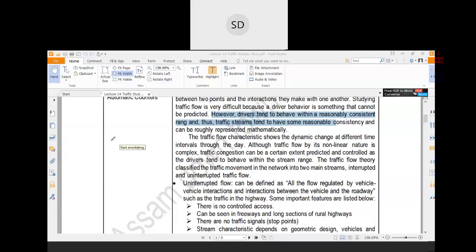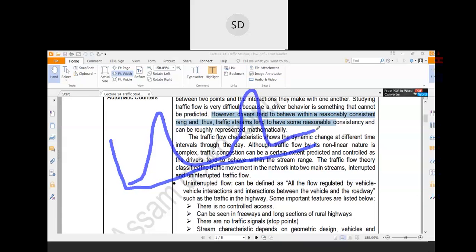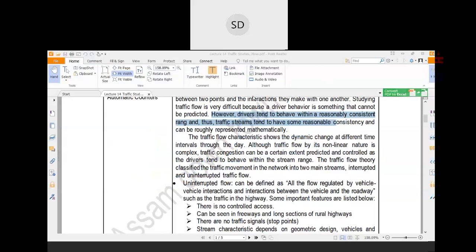So from this figure you can easily visualize the possibilities of traffic congestion, or when the traffic conditions may appear, depending on the different times of the day and the different conditions present in the road section.